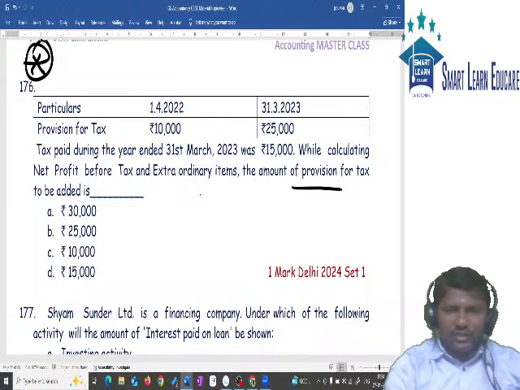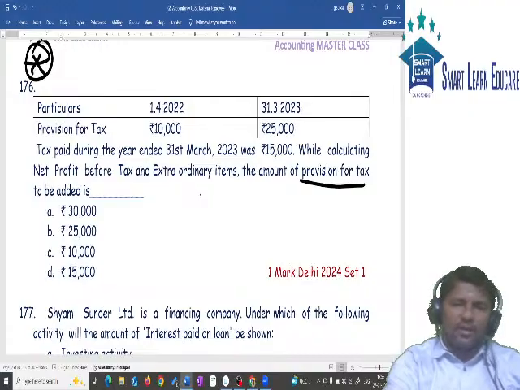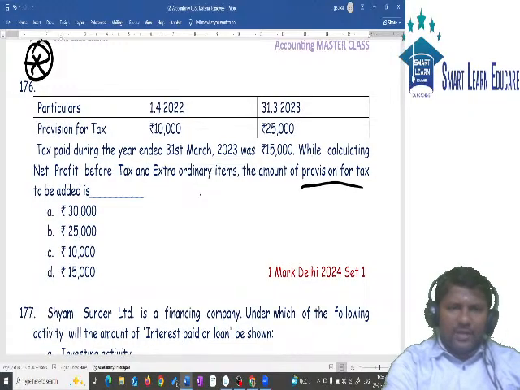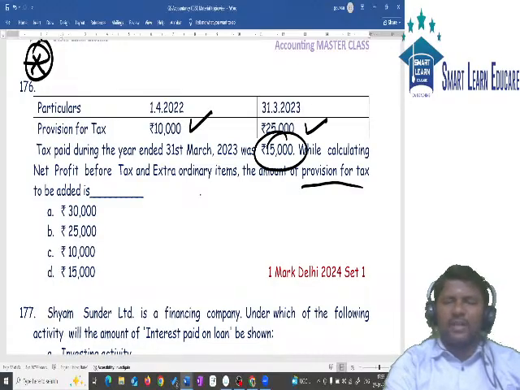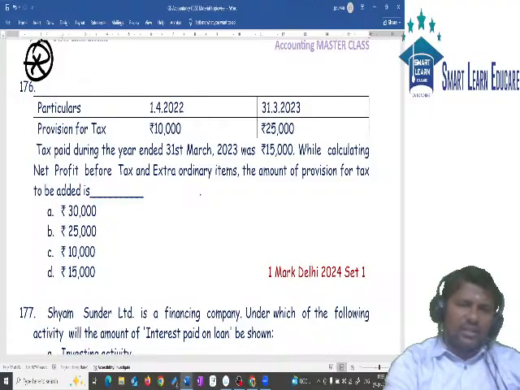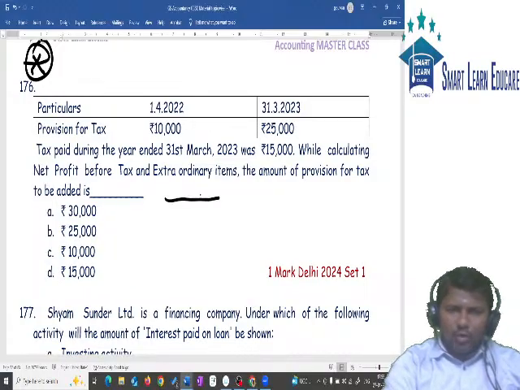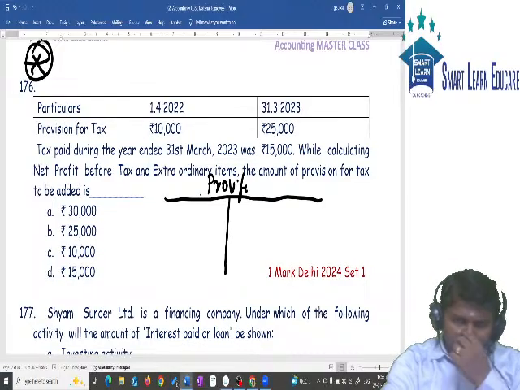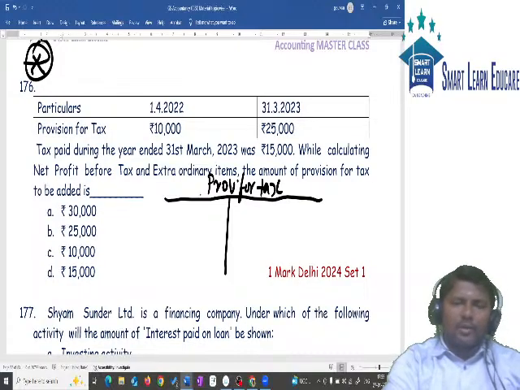இதில் questionல என்ன கேட்டிருக்காங்கன்னா what is the amount of provision for tax that should be added? When I say provision for tax, we have three numbers. First, opening balance of provision. Second, closing balance of provision. Third, tax paid during the year. For this purpose, you need to open the provision for tax account. Remember, provision is a liability.